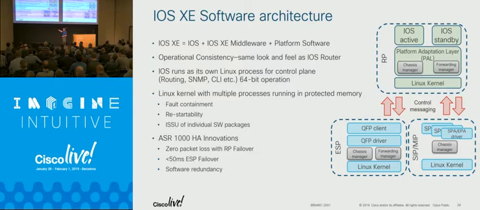We upgraded the entire OS to 64-bit. That allows us to support much higher addressable memory, okay? That's why you see we are able to scale from 8 gigabyte to 64 gigabyte memory and scale the route up to 8 million. We talked about those high availability innovations, right?